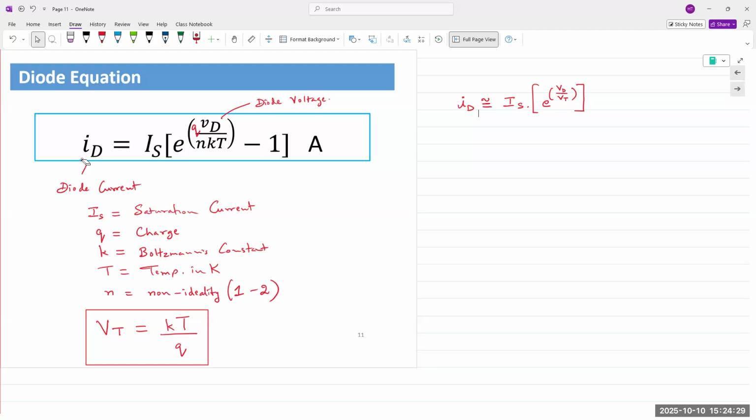The question being asked is, why don't we just have a fixed equation? And the answer is just the nature of physics, nature of these devices. There are so many factors affecting these devices that no single model, no single equation is able to accurately capture all environmental conditions.